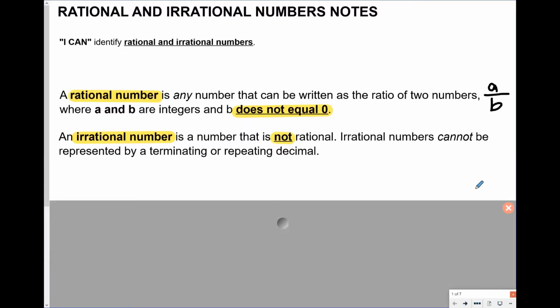I remember with these I can statements, back in eighth grade, my former eighth grade math teacher would have us chant it out in class and yell it out. She would say, I can, and we would say right back, I can identify rational and irrational numbers, and we'd say it 3 times.